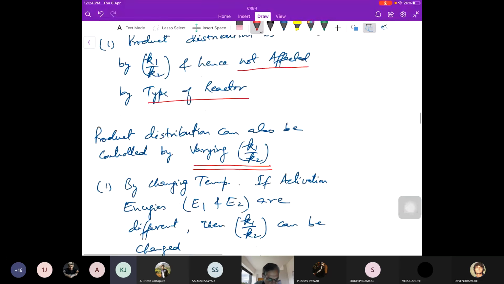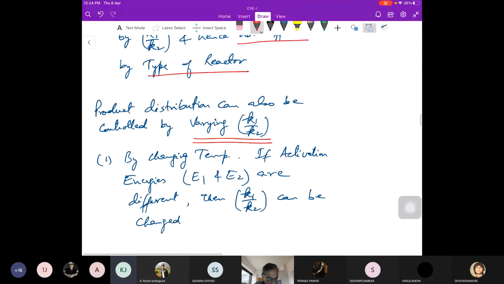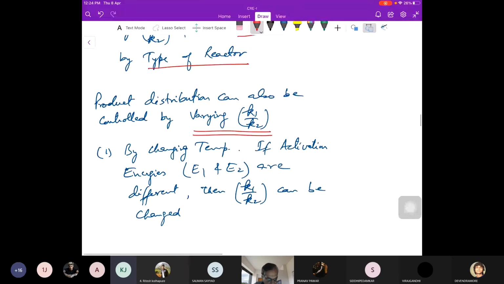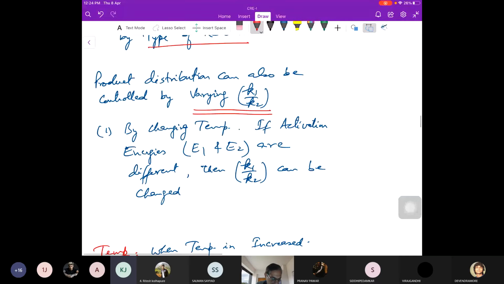So now next option is looking at temperature. So product distribution can also be controlled by varying or changing K1 by K2, and this can be done by changing temperature, and that will depend on activation energy. So if activation energy of first reaction is E1 and second reaction is E2, then K1 by K2 can be changed. If it is same, doesn't really matter.